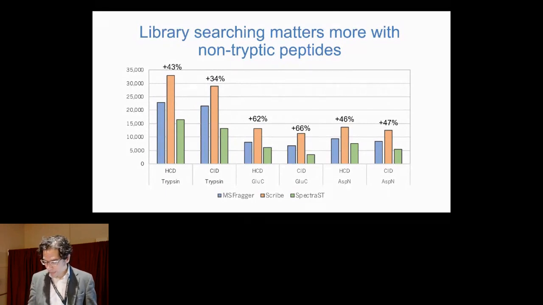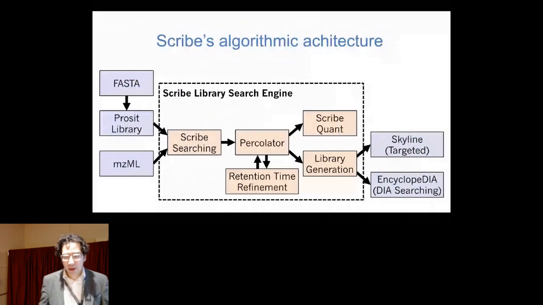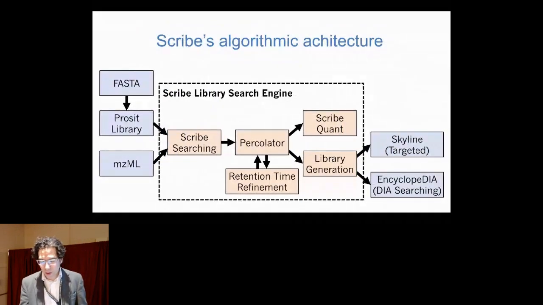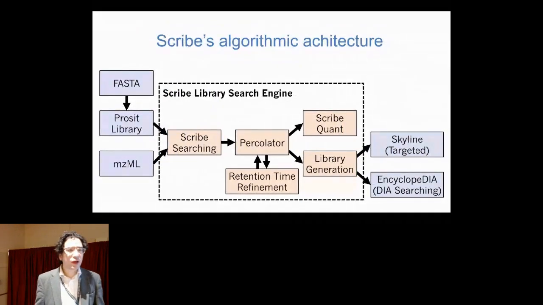Okay, so as I was saying, this is our Scribe tool, but in general, we're not using it that much in our lab for doing detection off of DDA data, because we're not really collecting a lot of DDA data in my lab.